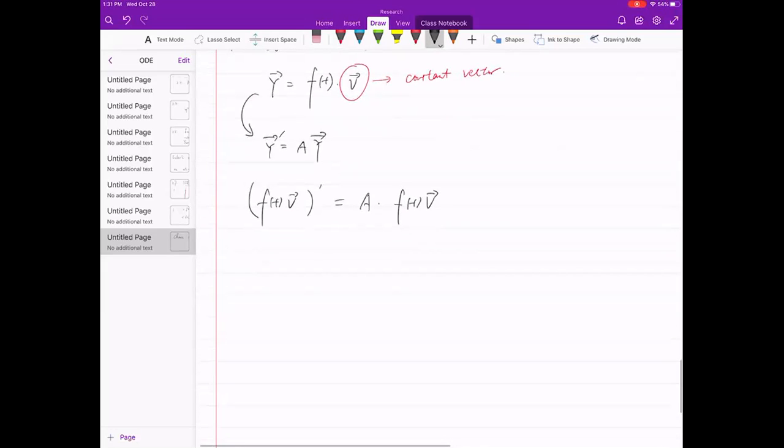Well, because your v is a constant, your prime goes to your f(t). Because f(t) is a number, so you can take it out. You have something like this.